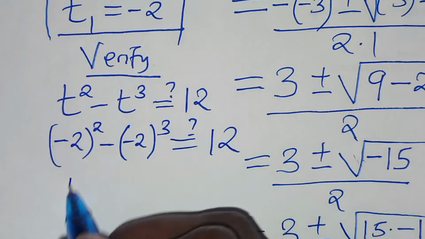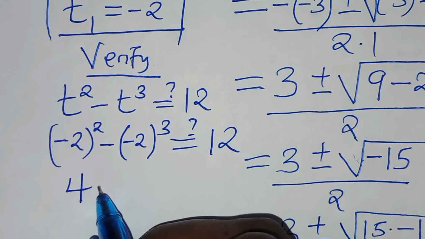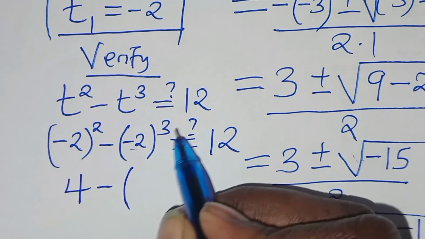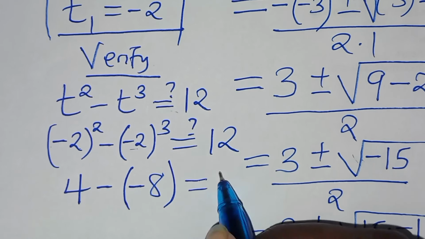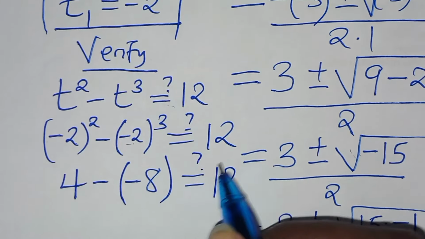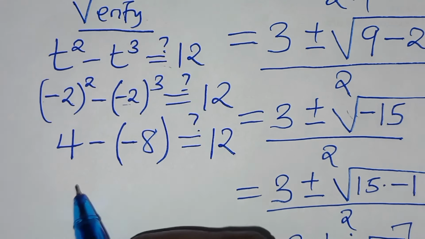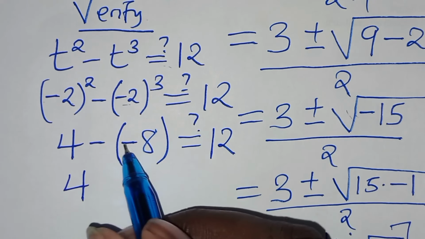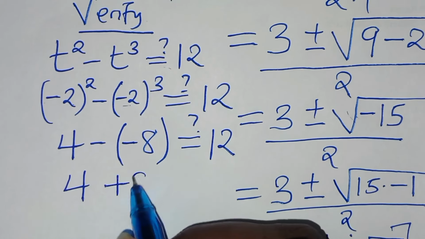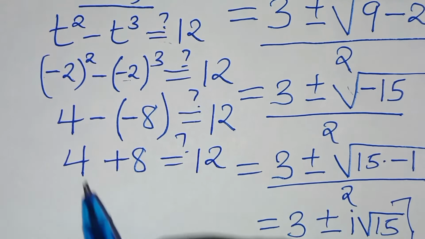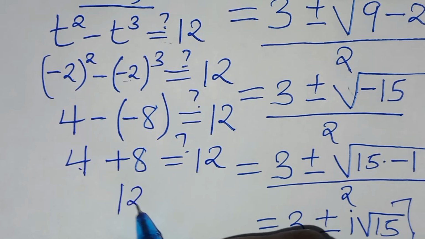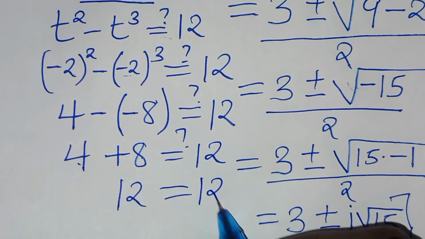Minus 2 squared, this is equal to 4. Then minus, here we have minus 2 to the power of 3. This is minus 8. This should give us a value of 12. So we have 4 minus times minus 8. This is plus 8. This should give us a value of 12. 4 plus 8, this is equal to 12, which is equal to 12.